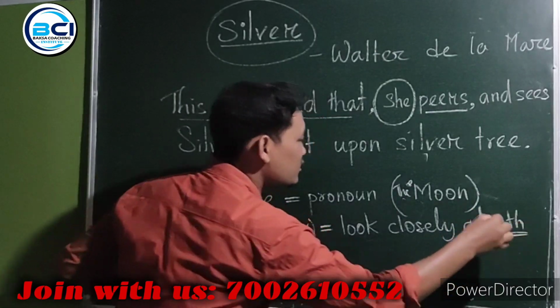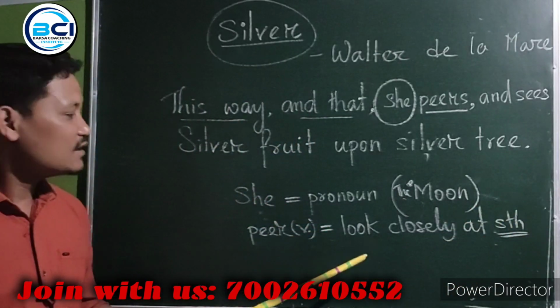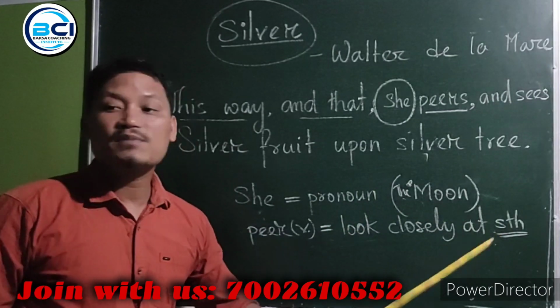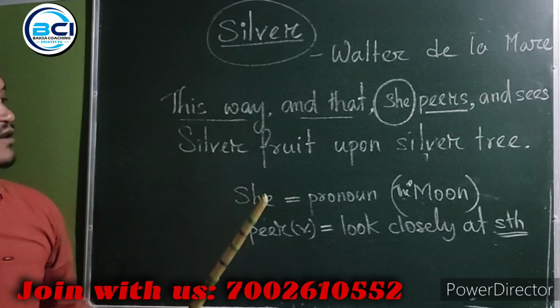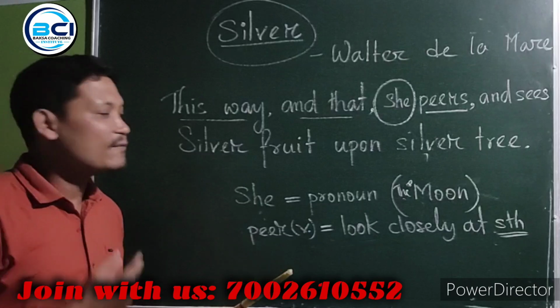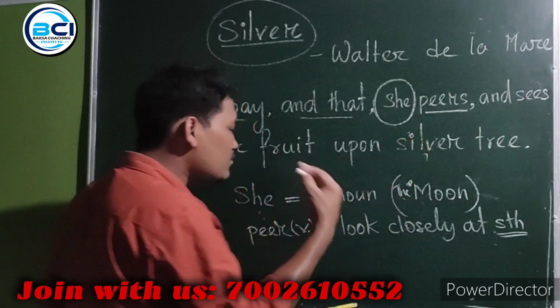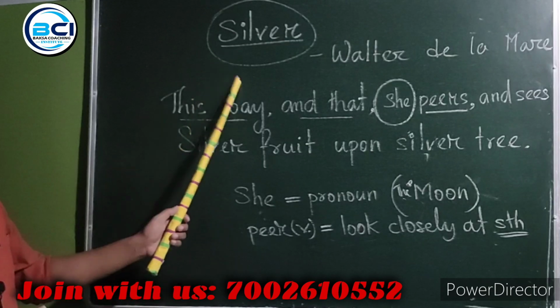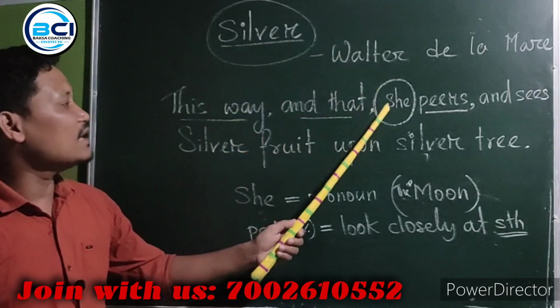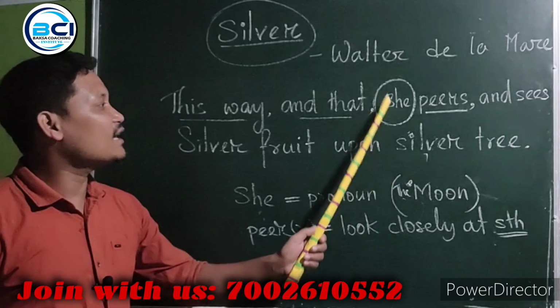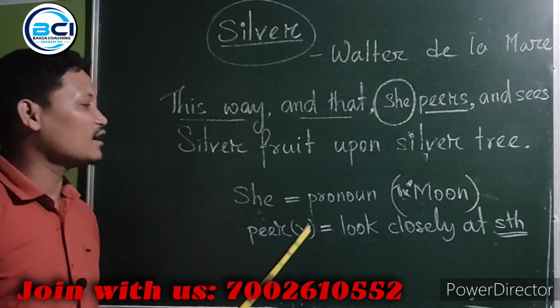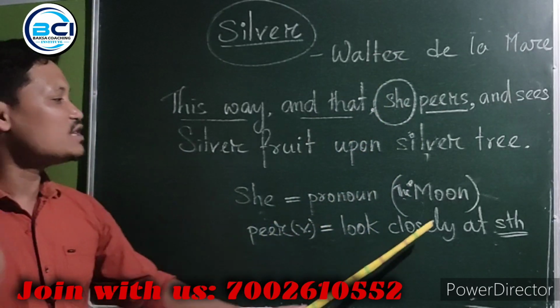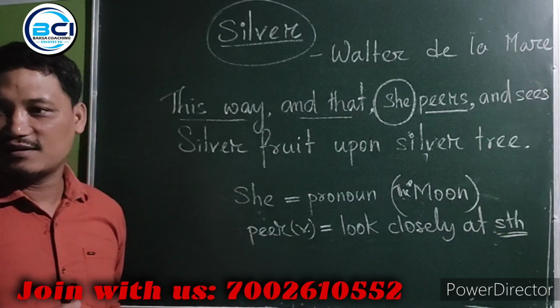So I am writing this in short: look closely at something, because you cannot see anything, so therefore you are looking closely at something. I mean to say that here in this poem, she, the moon, is peering. She is looking closely at something.